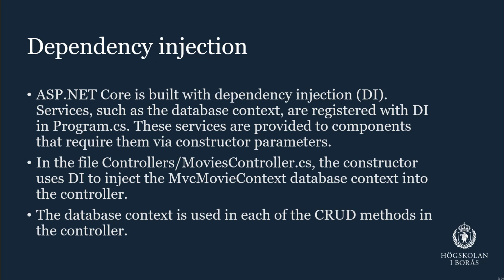The database context is used in each of the CRUD methods in the controller. In other words, dependency injection allows our components to request other components. In this example, in our movies controller, we are requesting the database context for use.